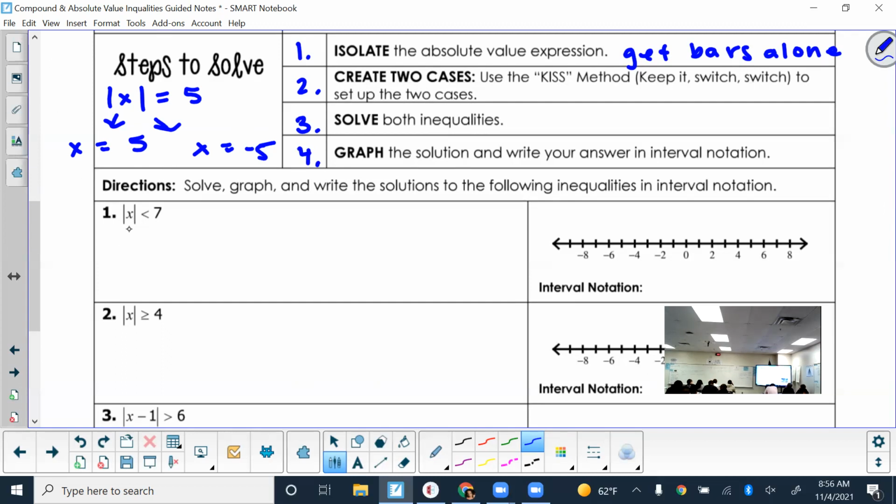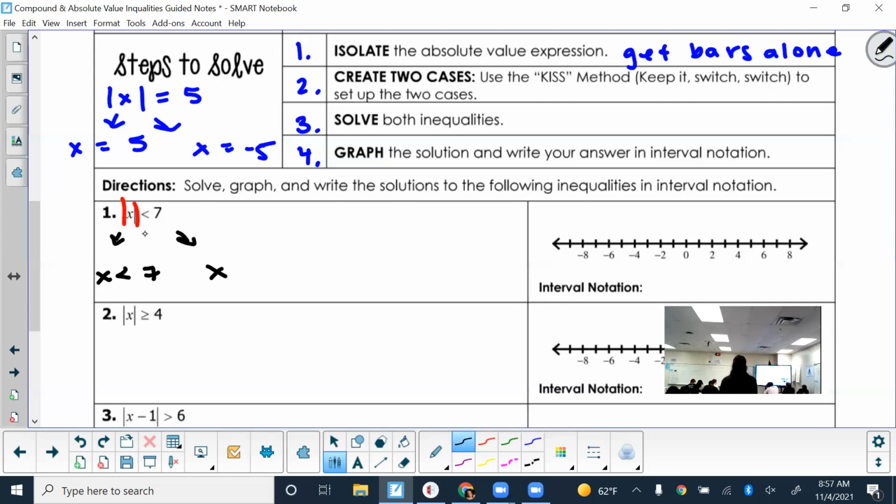So let's look at example 1 right here. Are the absolute value bars alone on one side? So step 1's already done. Now we need to separate it into 2 separate problems. So the first one, using the KISS method, you keep it. It's going to be x less than 7. So just drop the bars. The other one, you switch.